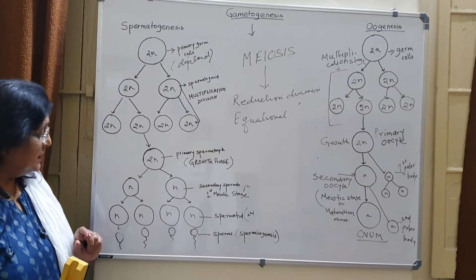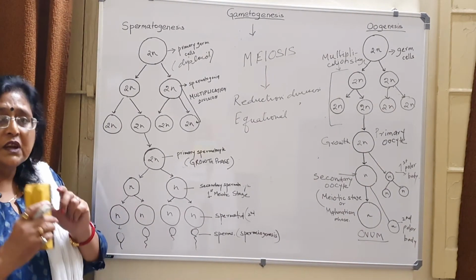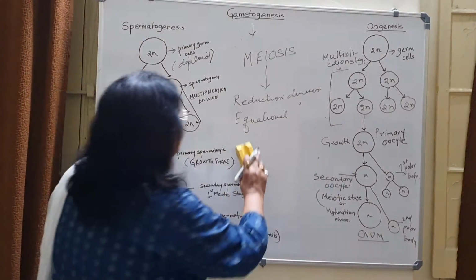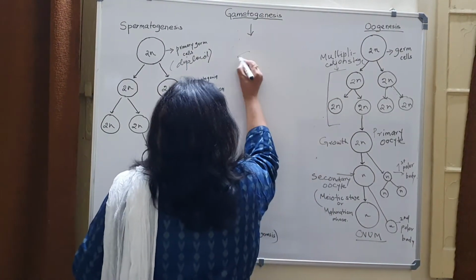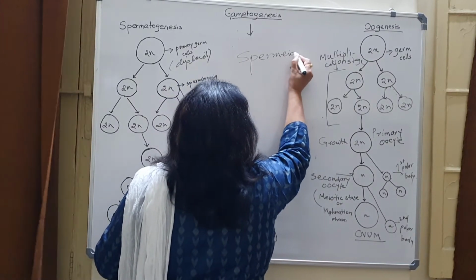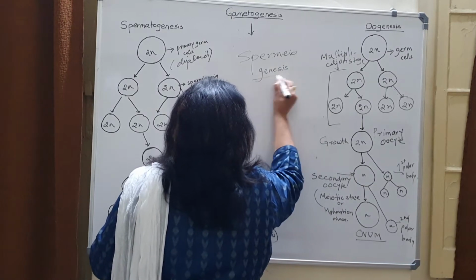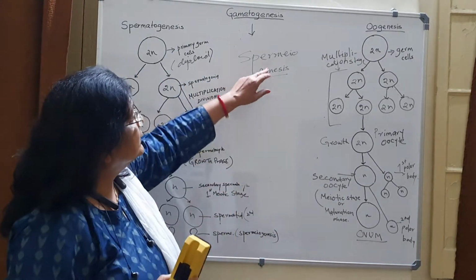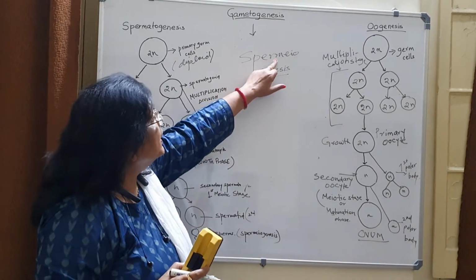Now these spermatids enter the spermiogenesis phase. Spermiogenesis, as the word itself says, means sperm production.